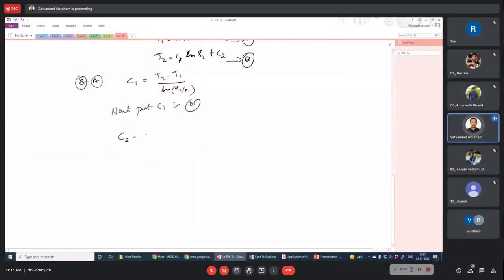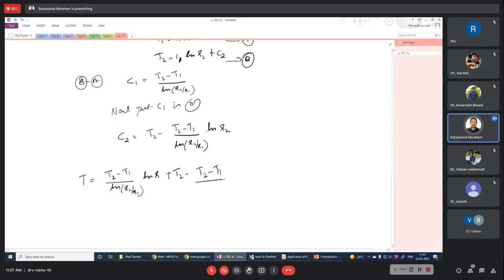C2 we can call as T2 minus T1 divided by ln R2 by R1 into ln R2. Therefore we can see that T is equal to T2 minus T1 divided by ln R2 by R1 into ln R plus T2 minus T1 divided by ln R2 by R1 into ln R2.